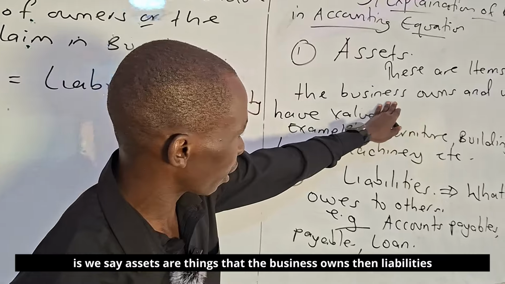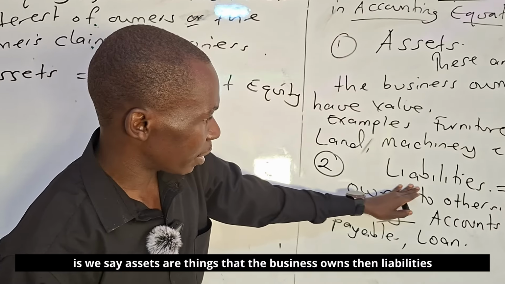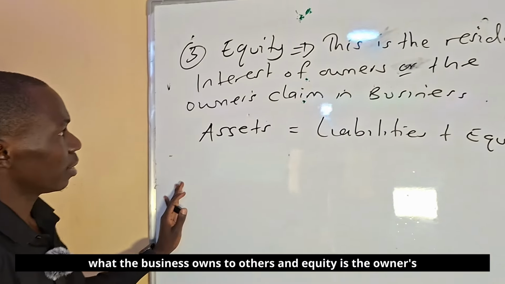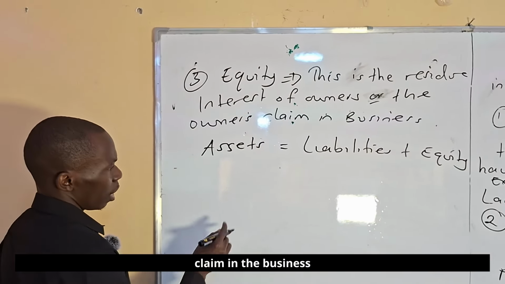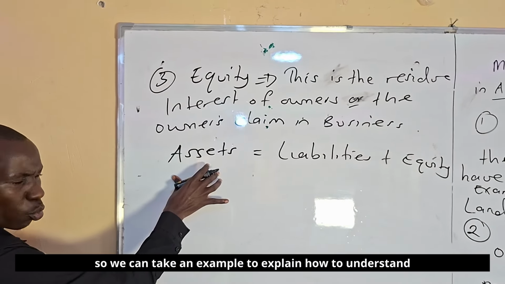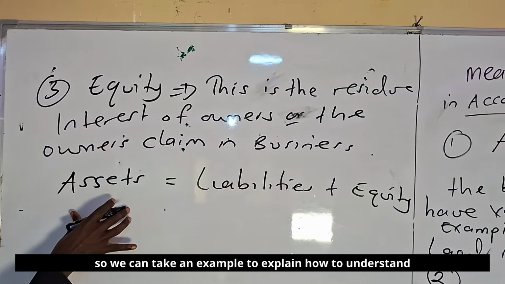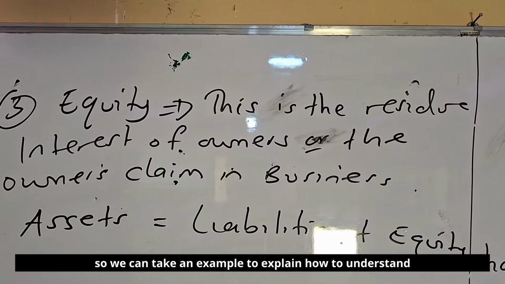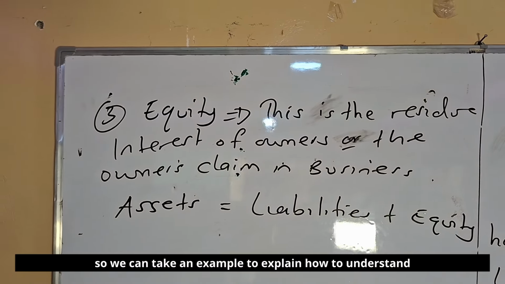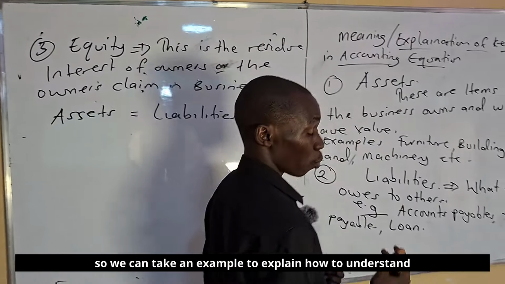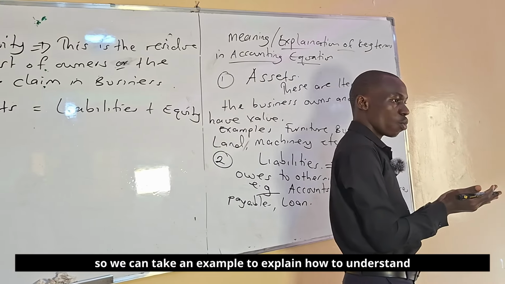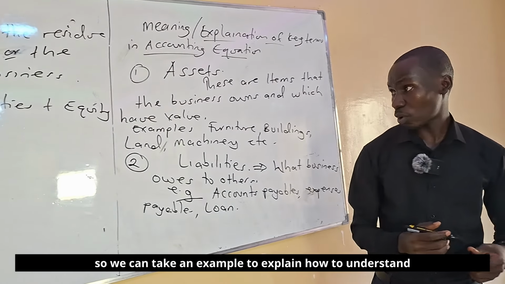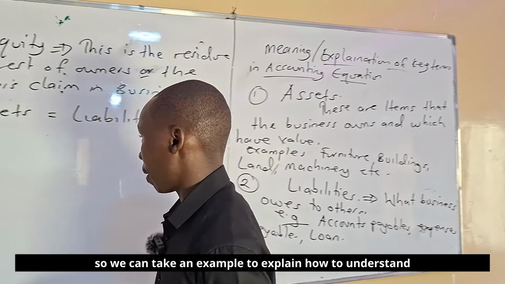Assets are things that the business owns, liabilities are what the business owes to others, and equity is the owners' claim on the business. Meaning our total assets, whether non-current or current, must be equal to liabilities plus equity. In most cases, if not always, this has to balance, where what we own is equal to what we owe to others plus the claim of the owners in the business.